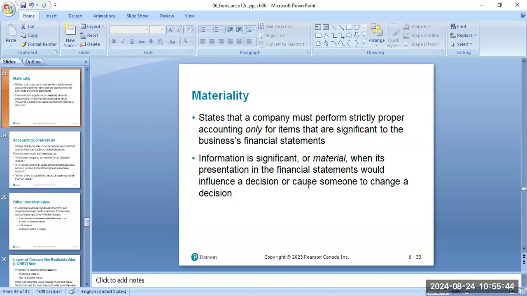Now, the same situation, you're going to a friend's house, you're going back home, and you find out that you lost $1,000. Are you going to sleep tonight? If the answer is no, that means $1,000 is a significant amount, or material, for you. Why?